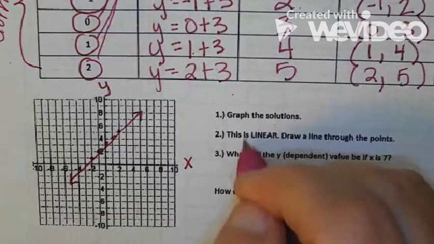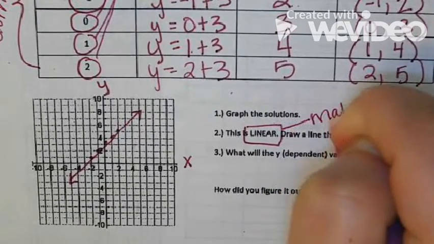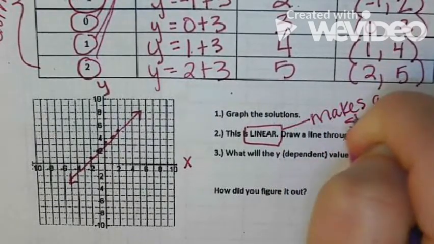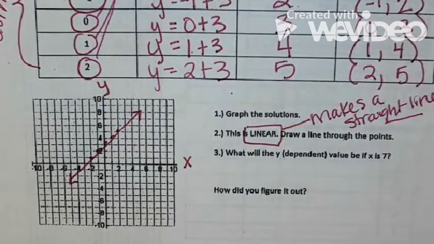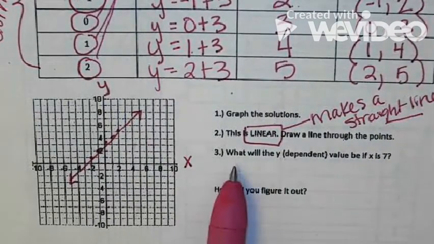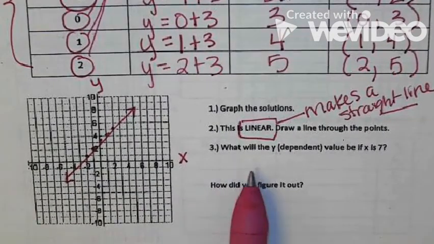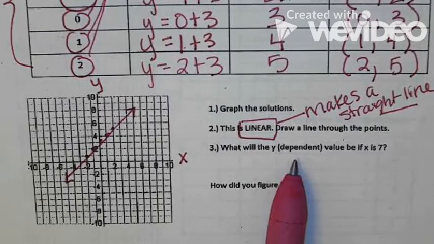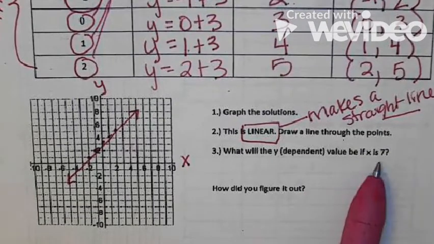This is what we call a linear. If it's linear, it means it makes a straight line. Now, so this is linear. It is straight. What will the y, the dependent, the output, the range, be if x is 7?